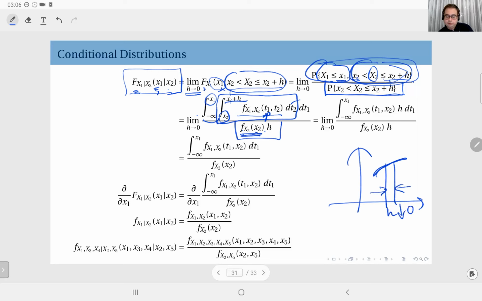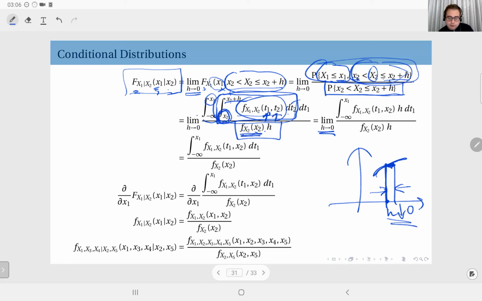So instead of this integration, we can just write the function value at this point multiplied by this quantity. The error will be just this area here, which goes to 0 as h goes to 0. Therefore, in this limit, I can write, instead of this integral, this function evaluated at x2.